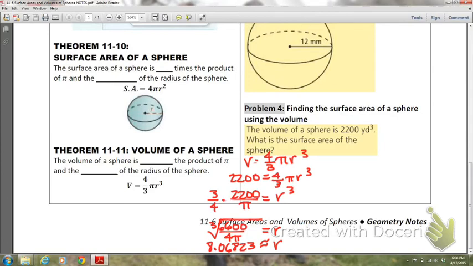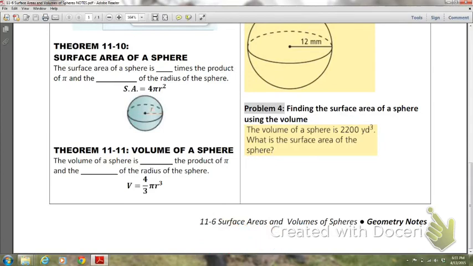So now we need this radius to go into the surface area formula. Let me write that back down again. The radius we found to be 8.06823. And we're going to put that into the surface area formula.